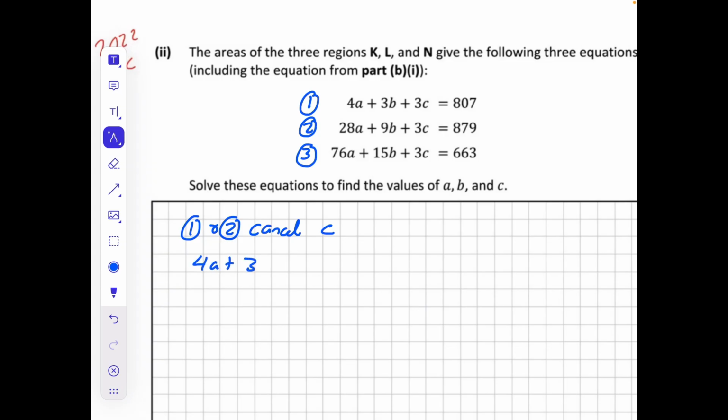So 4A plus 3B plus 3C is equal to 807. And we have 28A plus 9B plus 3C is equal to 879. Now I want these to cancel, so I'm going to multiply the bottom line by minus 1.